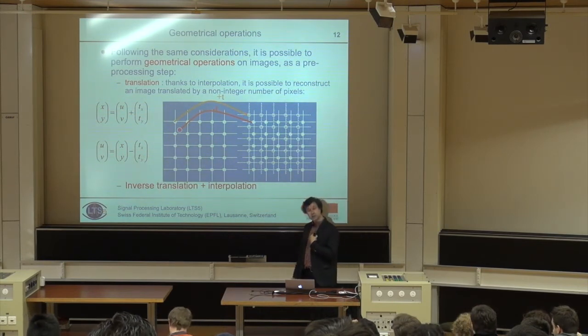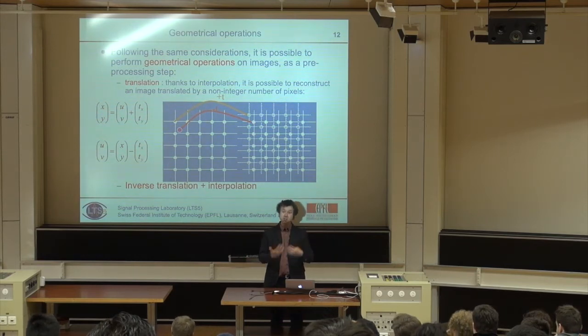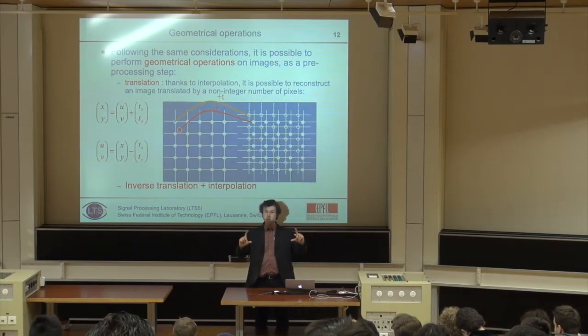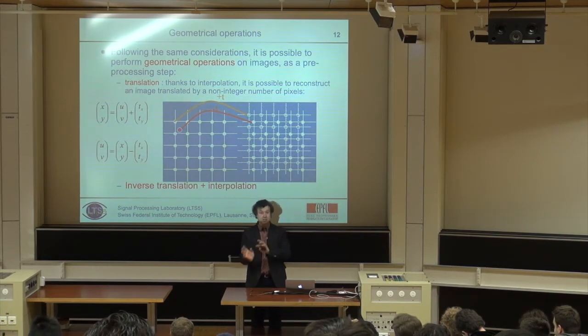But what I want is to find the value of the pixels of that resulting image such that the result is a translated image. If I show you the picture on my computer, doing a translation doesn't mean that I move the screen. I keep the screen at the same place, the grid remains the same, and I want to replace the pixels, but the new pixels such that it looks like my image has been translated.